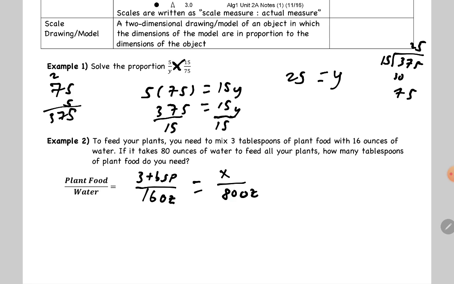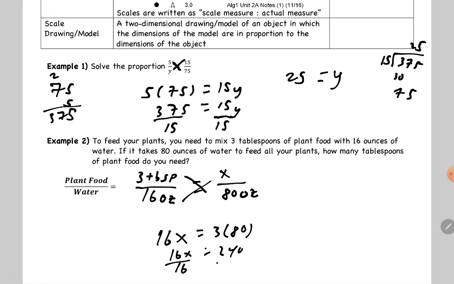So I'm going to do cross product. Boom, boom. And I'll get 16x equals 3 times 80. So 16x equals 240.